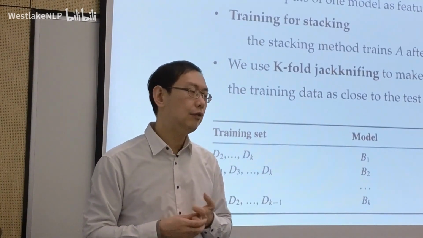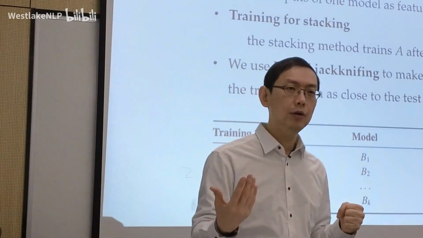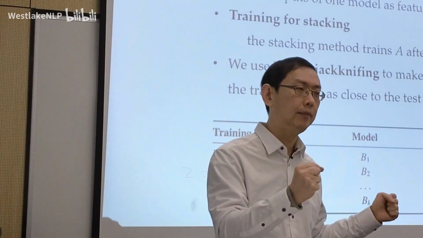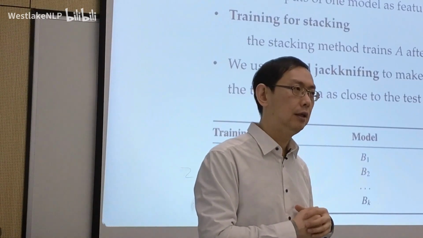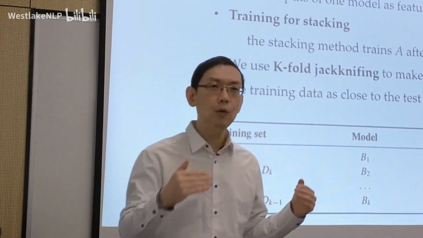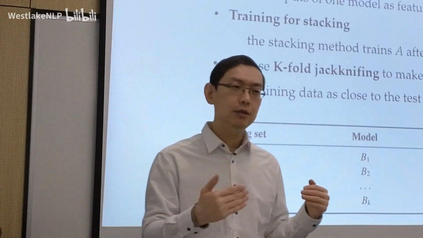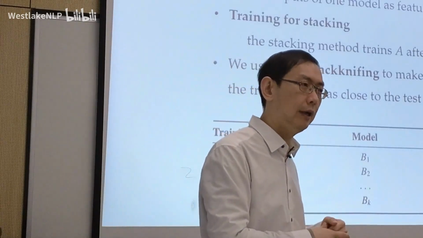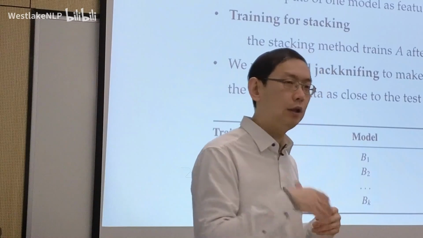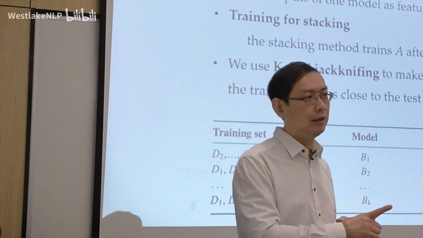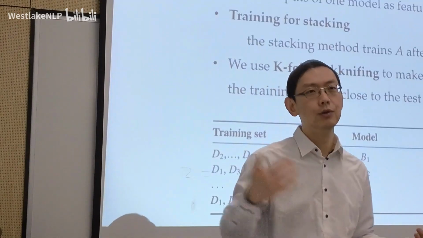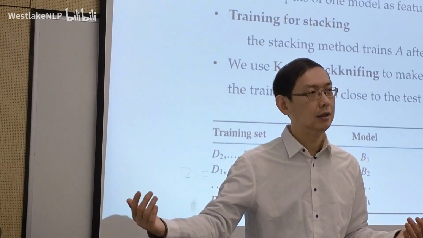If your lower model and higher models are all trained on the training data, then you have a problem. What is it? You can imagine. Because your model is always expected to perform better on your training data, the lower models will give you more reliable features in training compared to testing.